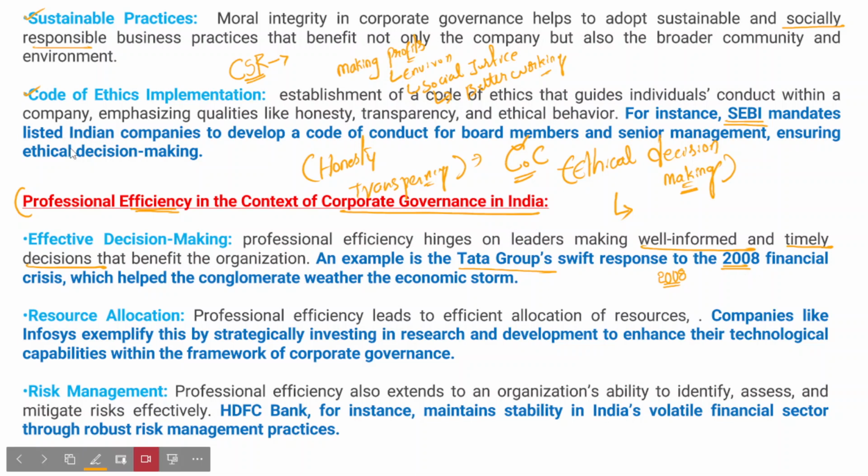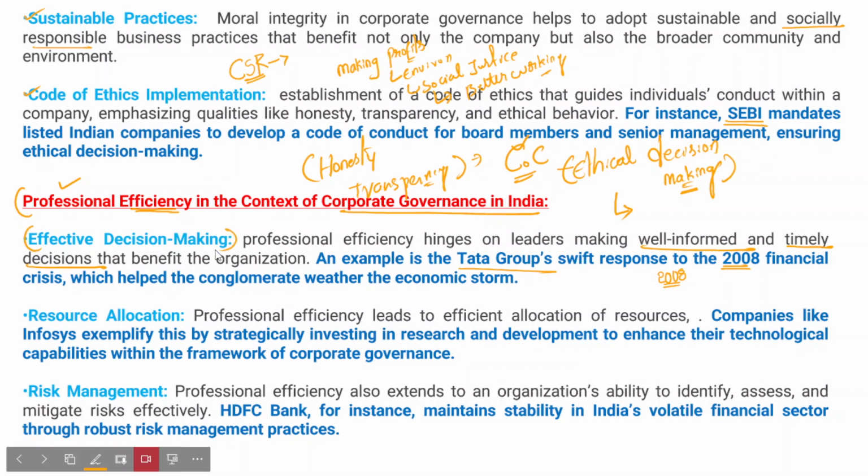So therefore, professional efficiency in any company results in effective decision making.